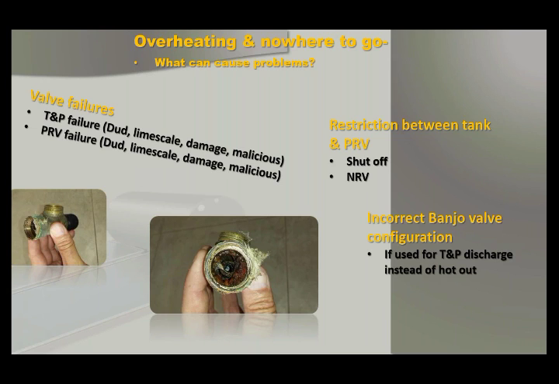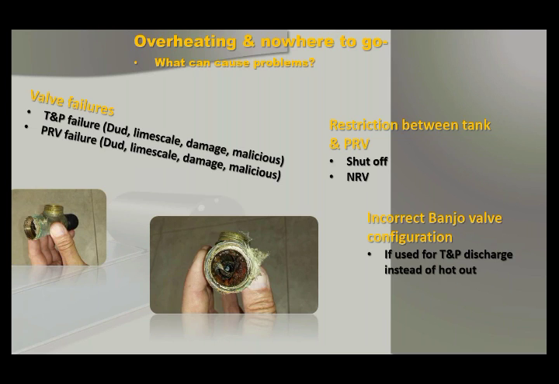And then incorrect banjo valve configuration. Now, when you put in a banjo valve for a retrofit system, it's always got to go onto the hot outlet port and be used for the hot outlet as well as the TP discharge. So you cannot use it for a TP discharge and your primary return on the primary loop. Why?